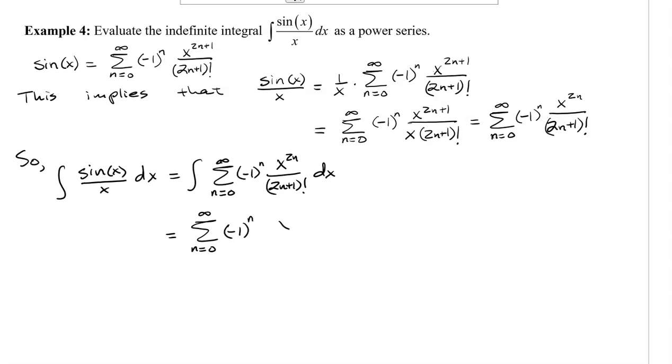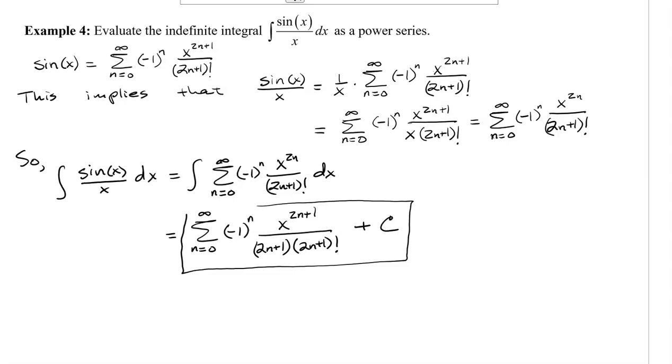We're going to add 1 to the exponent. In the denominator, we're going to need that 2n plus 1. And of course, we still have the 2n plus 1 factorial plus c. And there we have our power series representation of the integral of sine x over x dx.